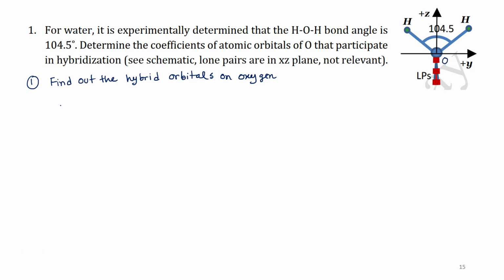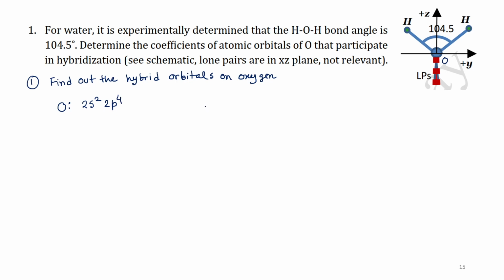If I think of the electronic configuration, the valence part is 2s2. Oxygen is 8, right? So 1s2, 2s2, 2p4.